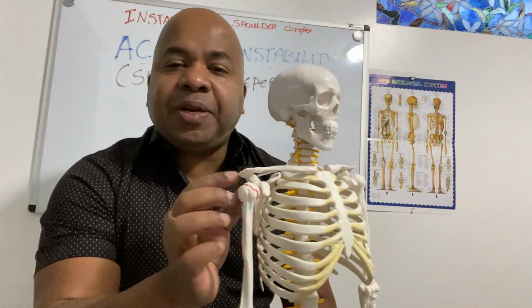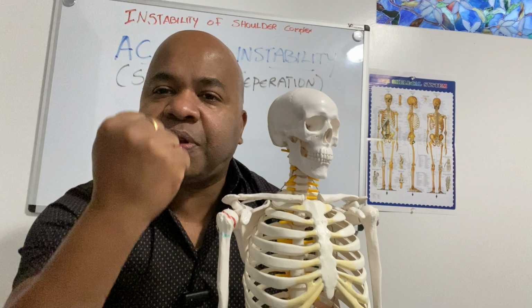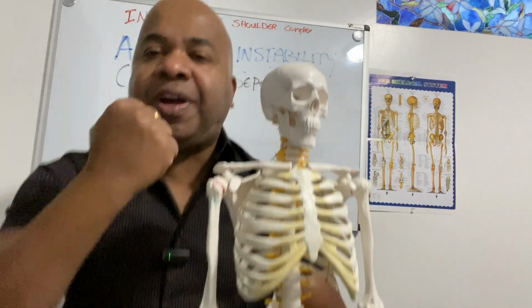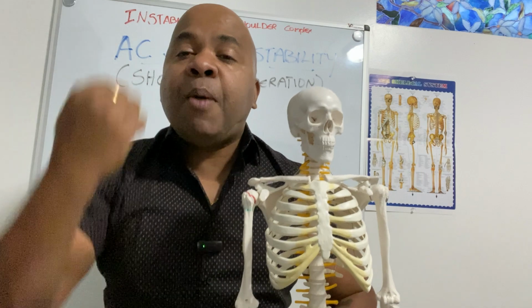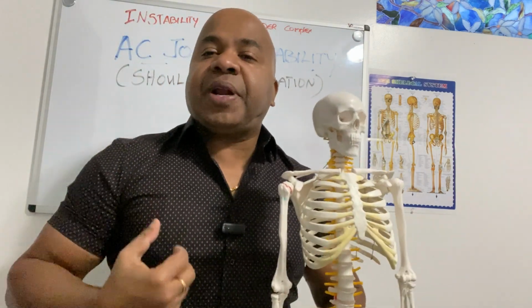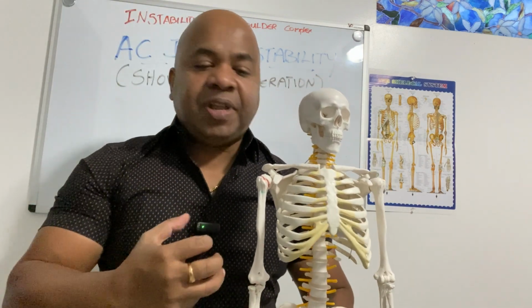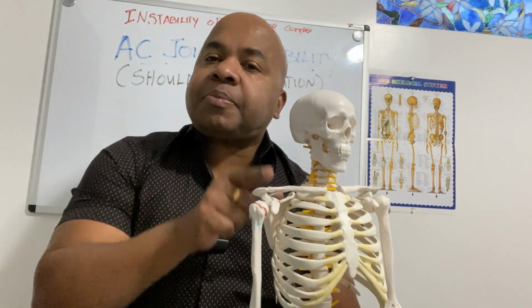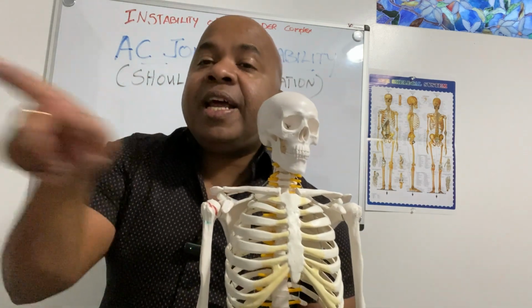The acromion process and the scapula move downwards, due to the pull of gravity and the weight of the upper extremity. The scapula moves inferiorly, and the clavicle protrudes laterally.